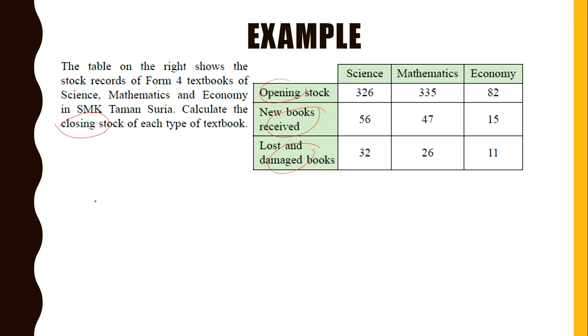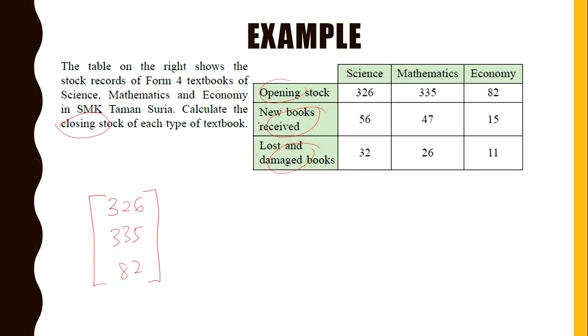So, kita nak kira closing stock kan? Okay, so ni soalan tajuk matrix, so kita boleh kira dalam bentuk matrix. Kalau contoh kita nak kira, ni untuk science, this one for mathematics, here is for economic. Okay, this is their opening stock.